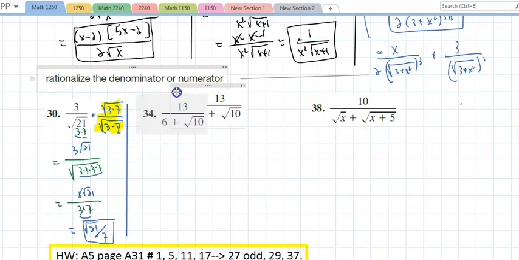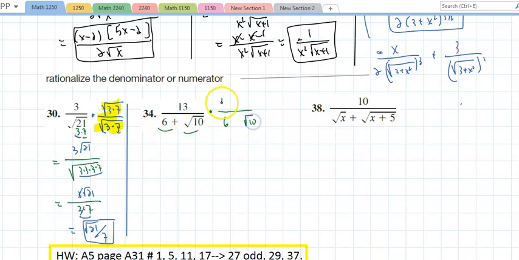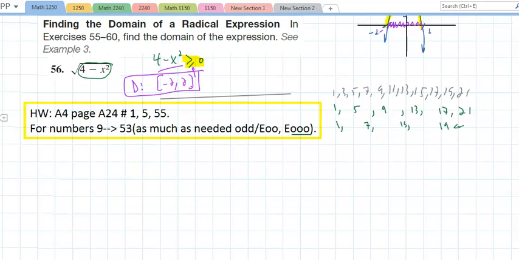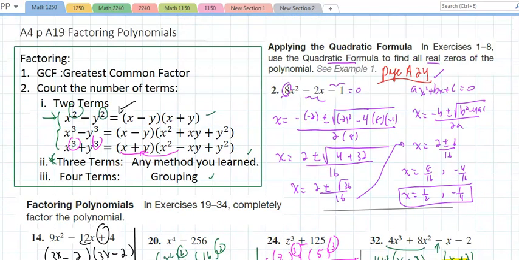And how would you rationalize those two? Well, if you see two terms, you multiply by the conjugate. What's the conjugate? The same exact thing, but with a minus. Why is that? Because you're aiming for this. If I multiply two terms, if this is minus and this is plus, which is known as the conjugates, guess what?